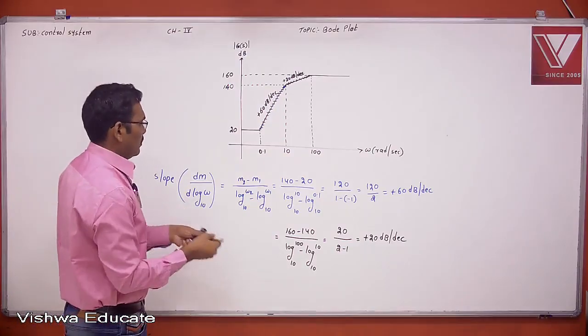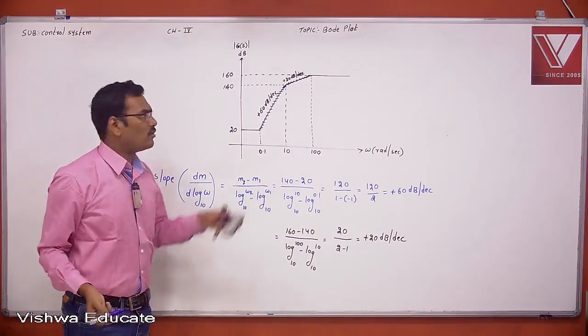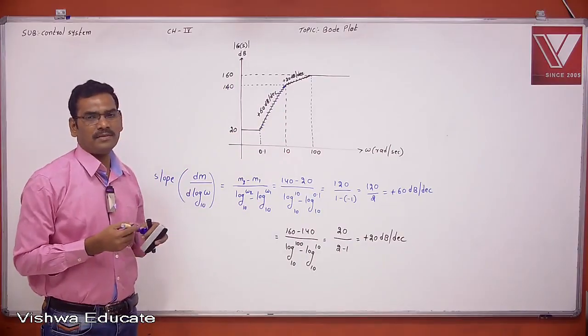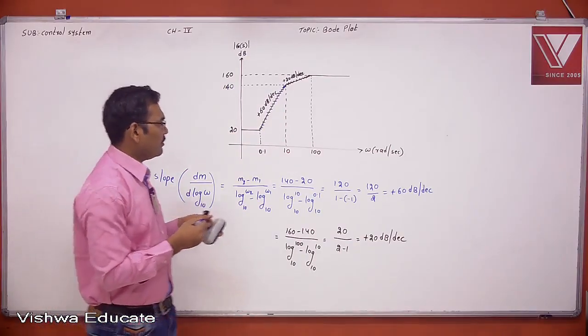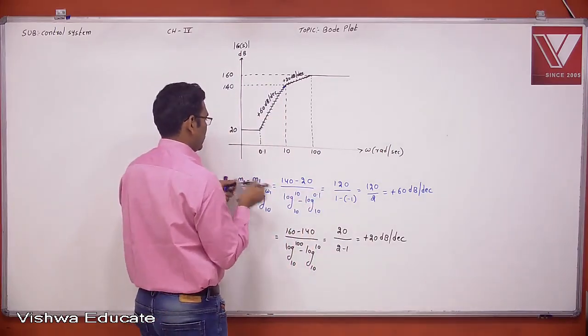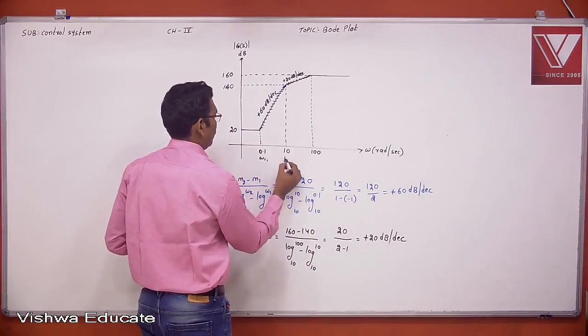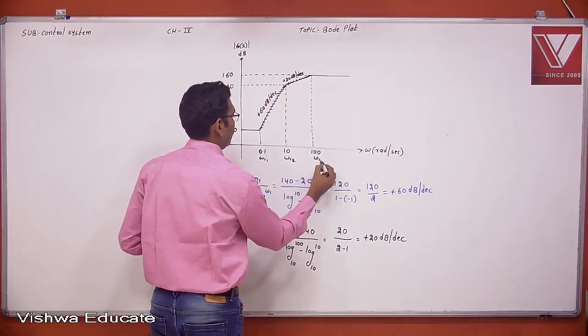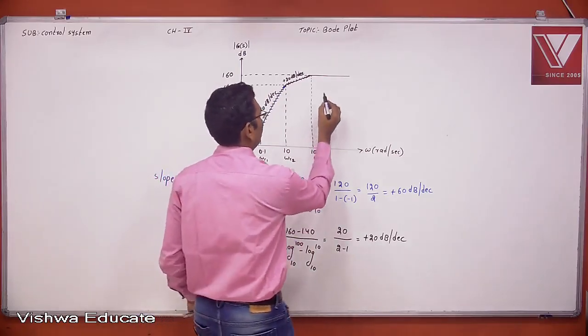Now see here, the question will be the same as for the previous problems. Now you can easily find the transfer function G of s. These are the corner frequencies omega c1, omega c2, omega c3. Now what is G of s?